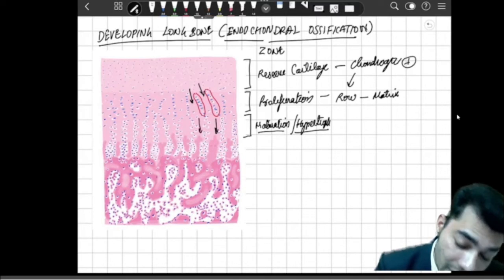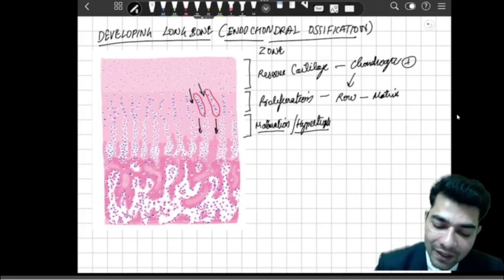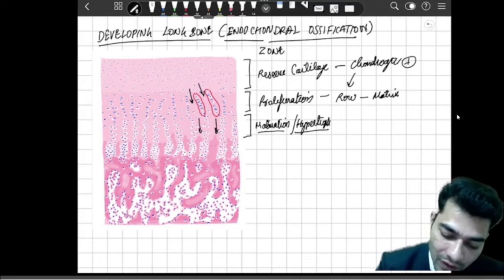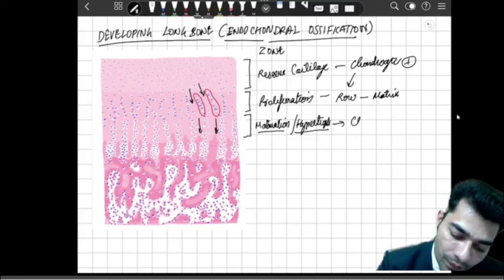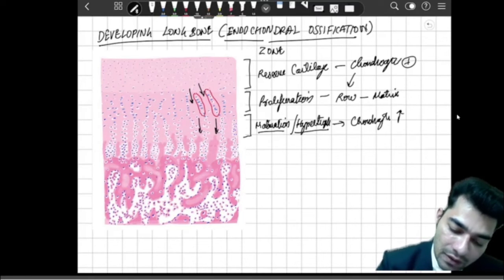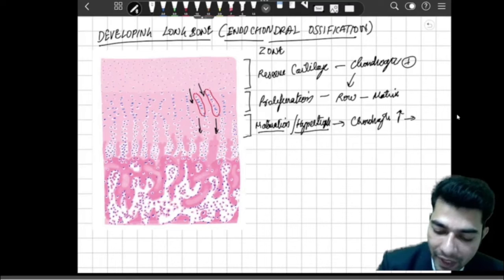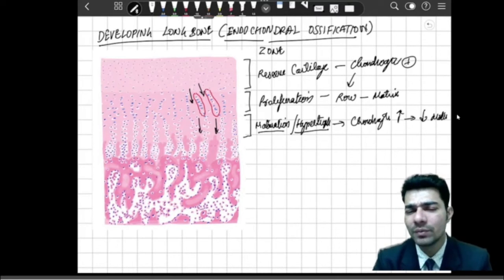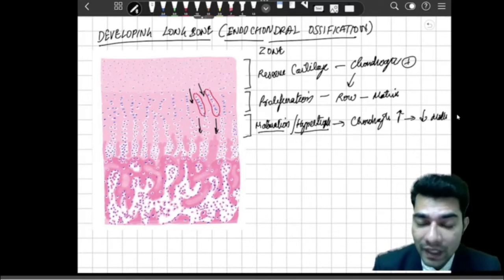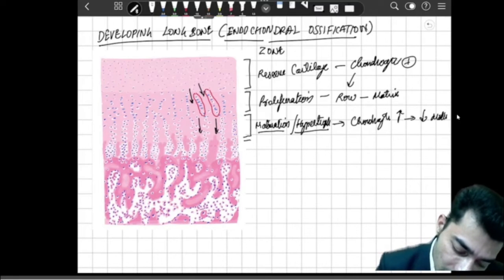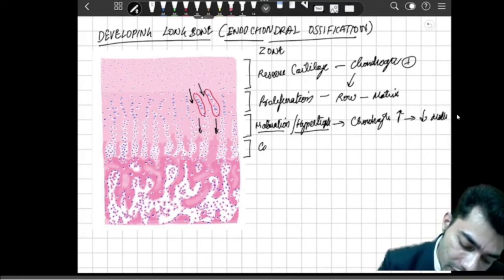The intermediate matrix will become thin. So chondrocyte size will increase and the intermediate matrix will decrease, that is, thinning in between, followed by the next zone, that is the zone of calcification.